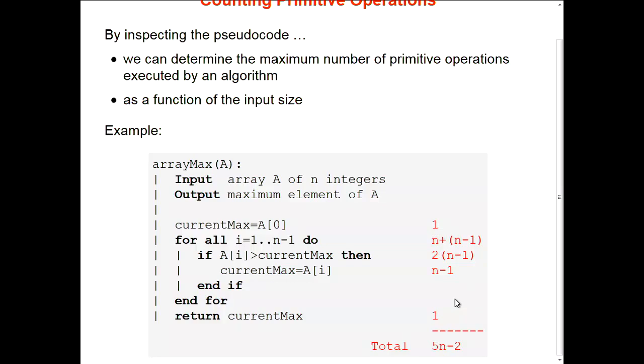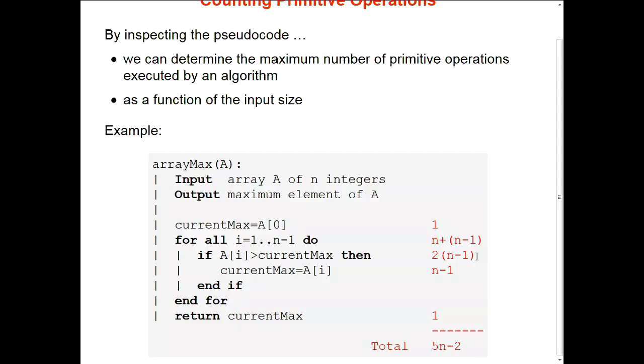Then I've got that for loop, which says for all i from 1 to n minus 1. And here I claim this requires n plus n minus 1 primitive operations. Now, why is that the case? Remember that primitive operations were evaluating expressions. And whenever you execute one round of that loop, at the beginning there's one expression you have to evaluate.